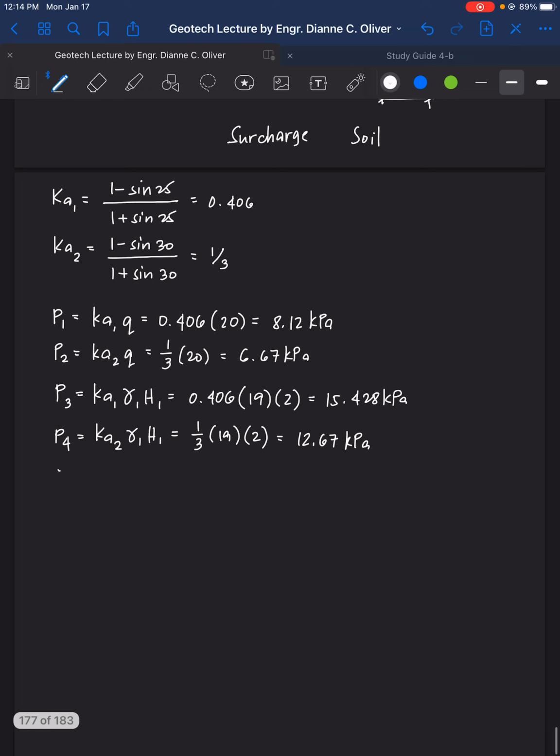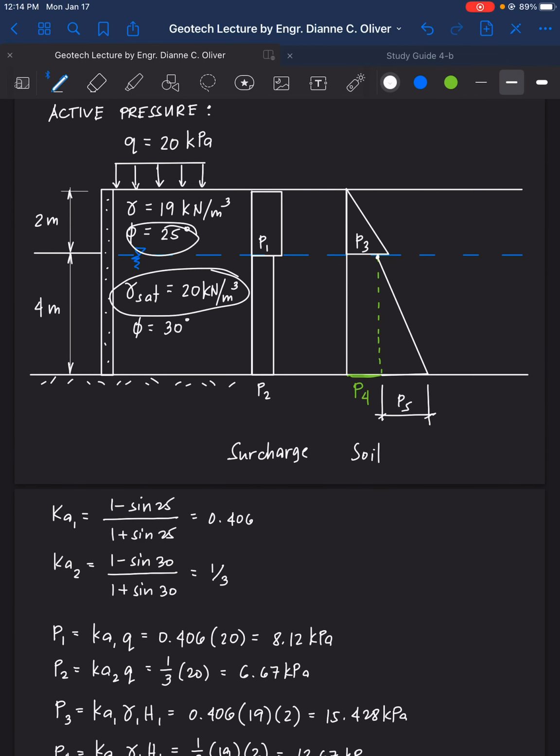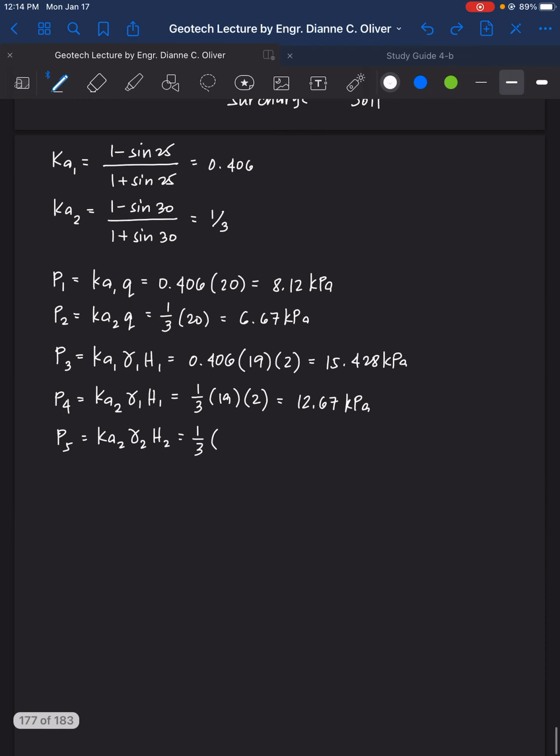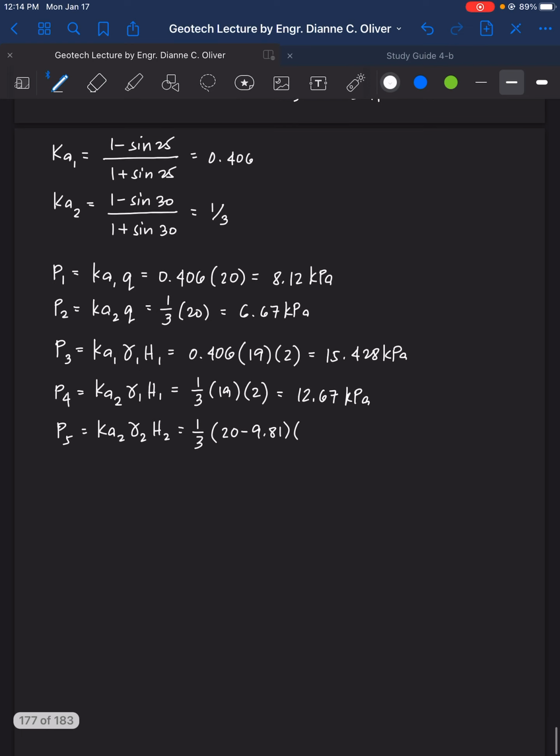So P sub 5 is K active 2 gamma 2 H2. This is 1/3, and our gamma 2 is gamma buoyant, so gamma sat minus gamma of water. So we have there 20 minus 9.81. The height again, that is 4. That is equal to 13.59 kilopascal.